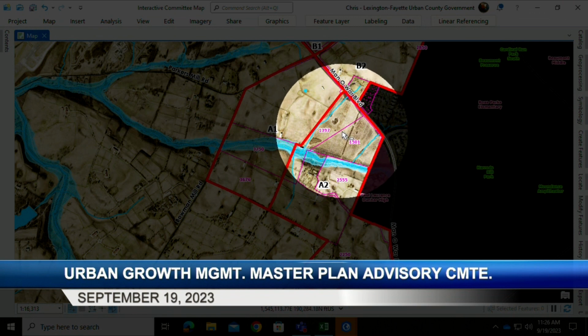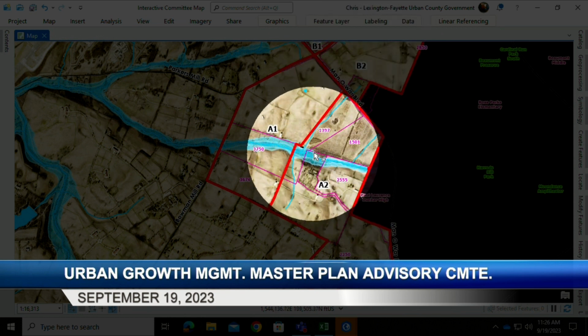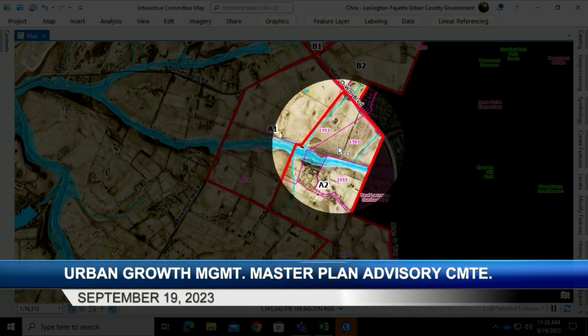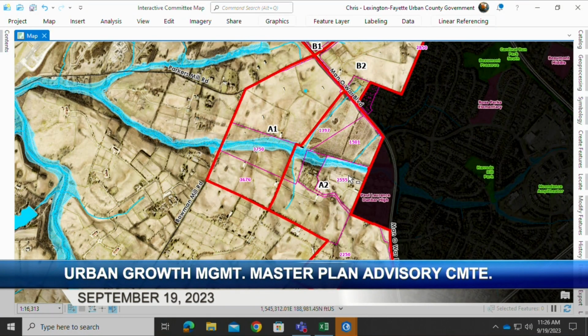Yeah, but just to point this out again, these two blue lines here that are inside the circle, those are what stretch up to serve that B2 area. So depending on where you move that red line that has separated A into A1 and A2, you could bring it farther back towards Dunbar High School as long as you didn't cut out that other blue line, because both of those blue lines are streams.